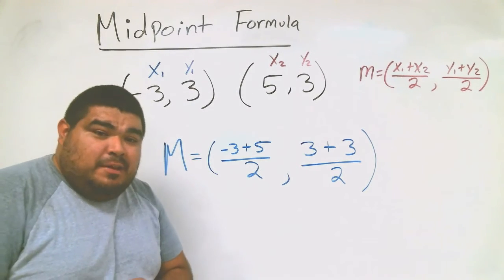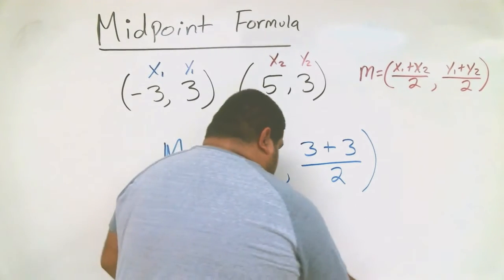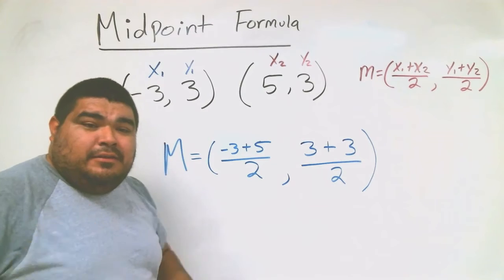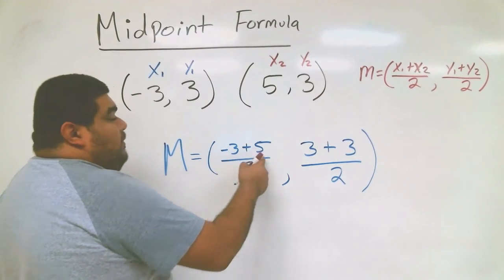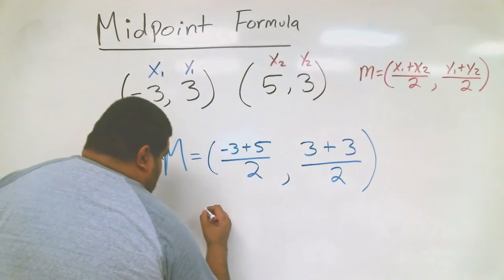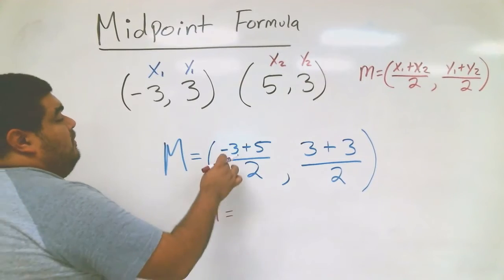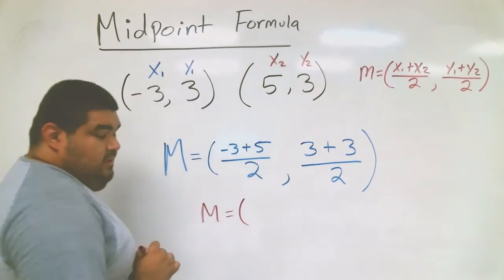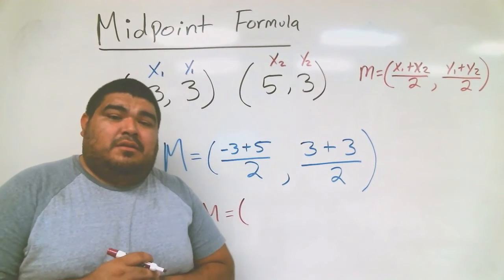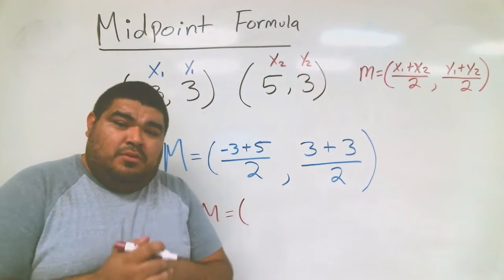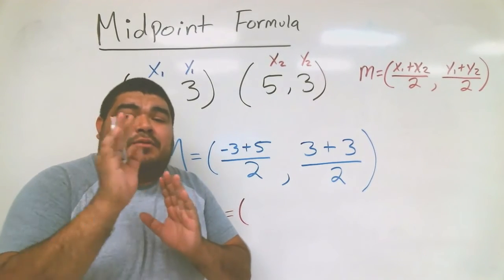Now that we have it set up, we can actually solve for it, okay? So let's combine the numbers. So we have m equals the first set of parentheses, -3 plus 5, okay? Remember, you owe 3 to someone, okay? They give you 5.